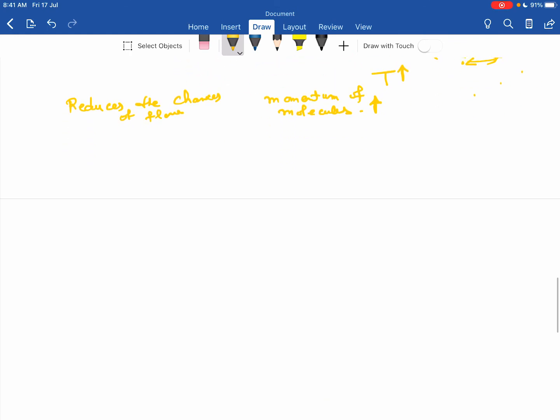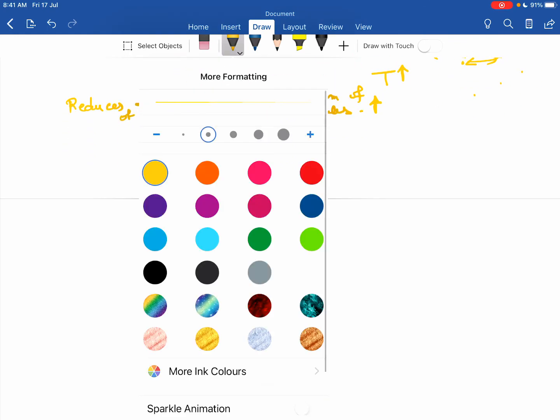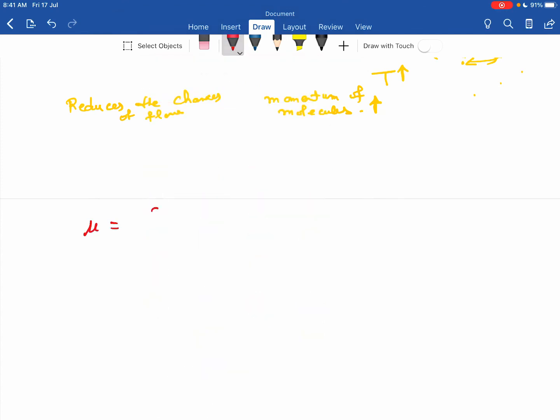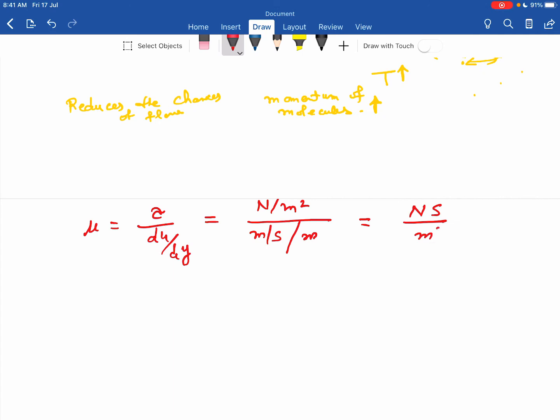Then next we see the units and dimensions of viscosity. So now you can write mu is tau by du by dy. The unit for tau, stress, is Newton per meter square. Du is the velocity, meter per second, and for distance it is meter. So you can write it as Newton second upon meter square.